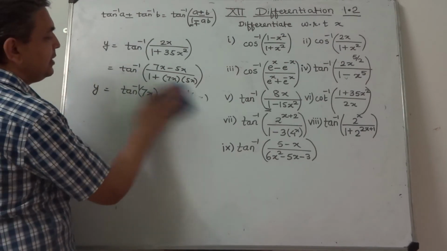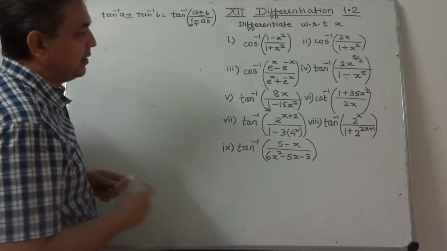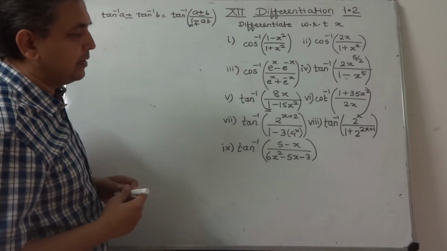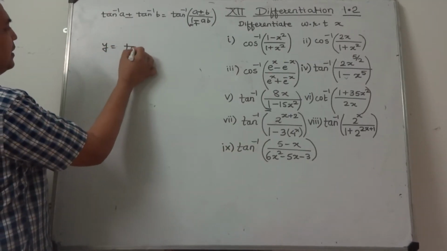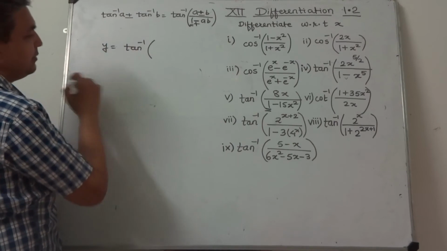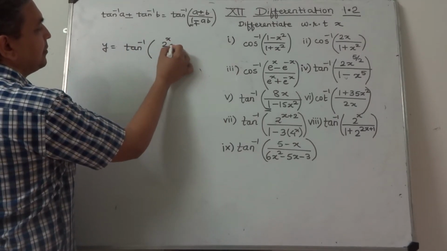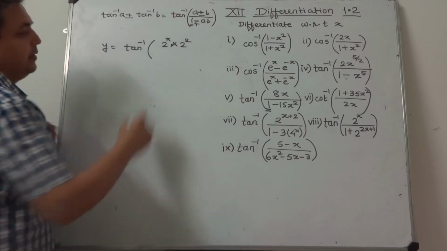Now we need some adjustment over there. Check, in the numerator we have tan inverse of 2 times 2 raised to x. Now this can be written as tan inverse of 2 raised to x into 2 squared.